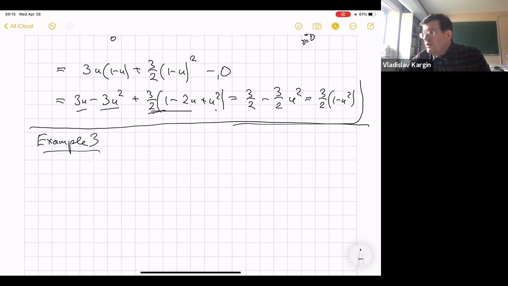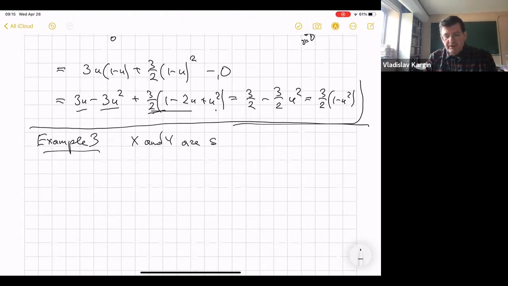Now this example starts easy. You have X and Y, independent standard exponentials.